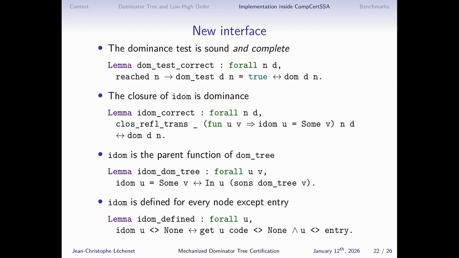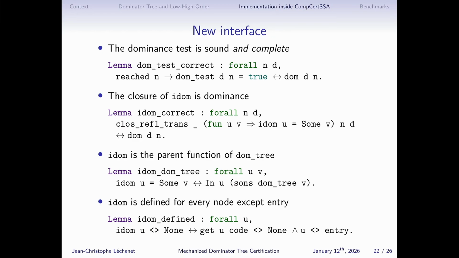We expose the access to the immediate dominator, which is supposed to be the parent function in the tree. So now here we say that the reflexive and transitive closure of the immediate dominator is the dominance relation.